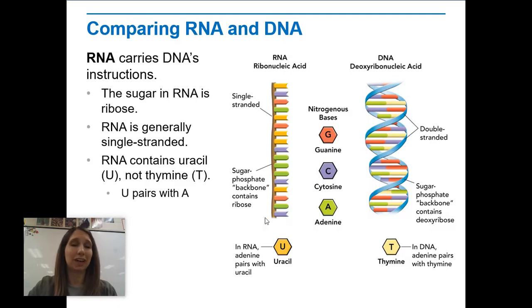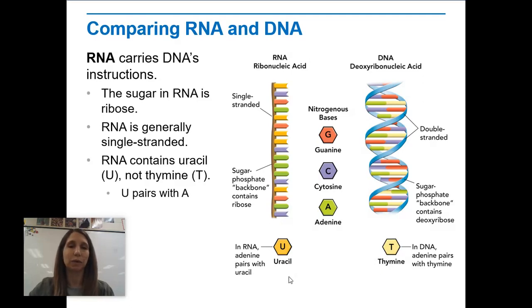In addition to that, the other difference is that RNA has another nitrogen-containing base called uracil, represented with the letter U. RNA does not have thymine, which is our T from chapter 13. Thymine is only present in DNA, and uracil is only present in RNA, okay? So like we saw with thymine, uracil is going to take its place and pair up with adenine.